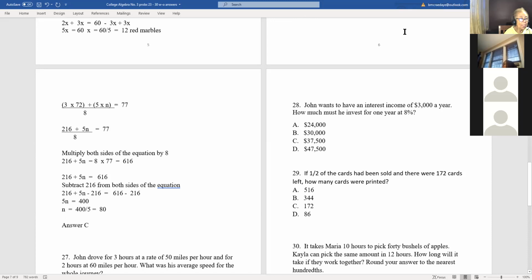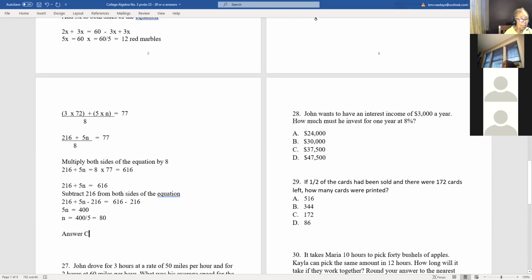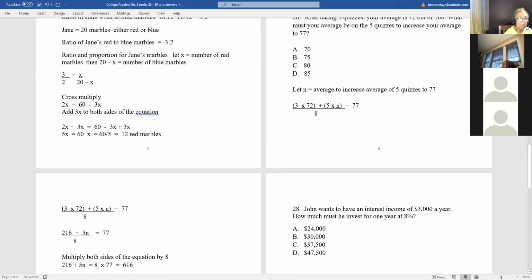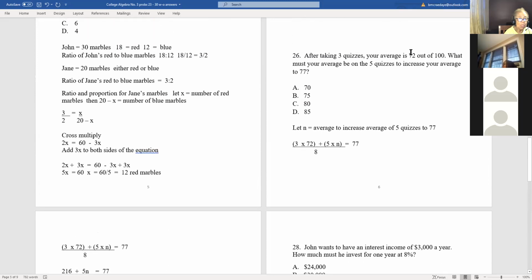So you had to set up the equation to get the 77 average. That was what they gave you initially. They said the 72, let's go back up here to 72 out of 100. That means 3 times 72 is the total, because it has to be a number divided by 3 to get 72.